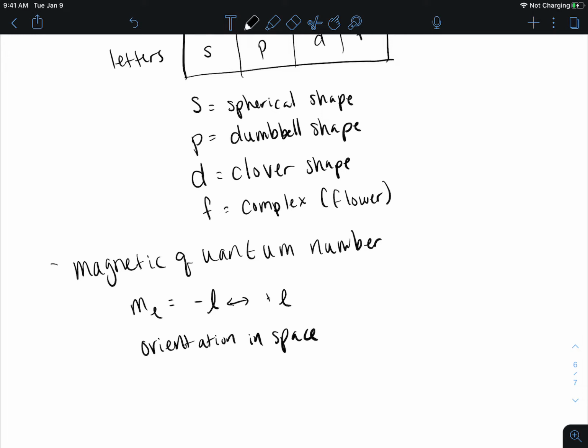So it's kind of like our X, Y, and Z. So a sphere doesn't have any specific orientation. Anywhere you turn it, it's still going to look like a sphere. So if we have an S orbital, it will only have one orientation. But if we have something like P, it will have 3 possible orientations. D will have 5 possible orientations, and F will have 7 possible orientations.